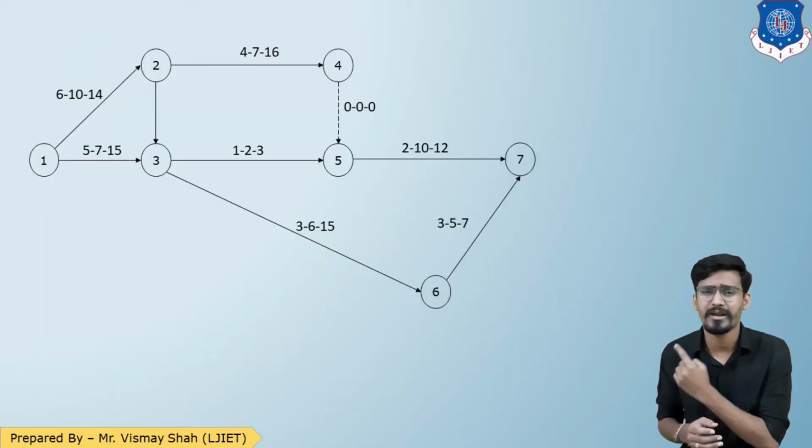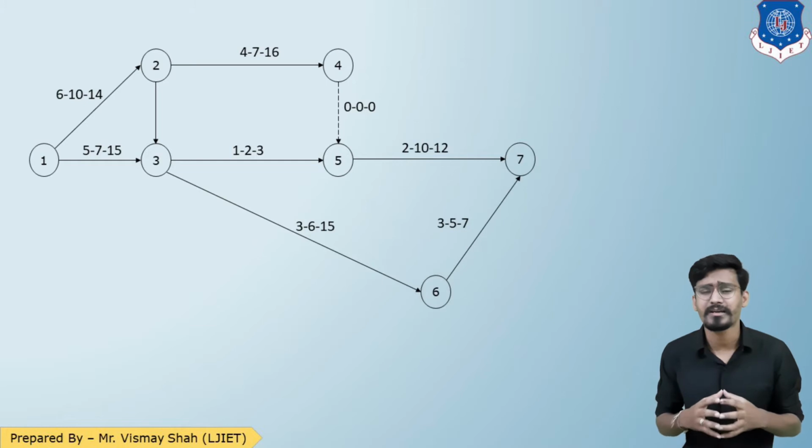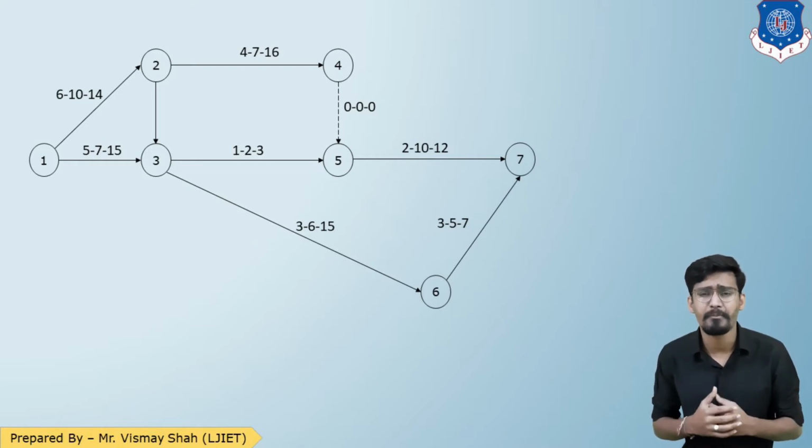As you can see over here, students, the network consists of events number 1 to 7, and the connections are directly given. Also, as you can see in the figure, activity timings are directly represented on the arrow of the activity.